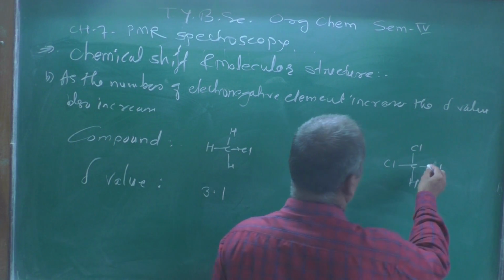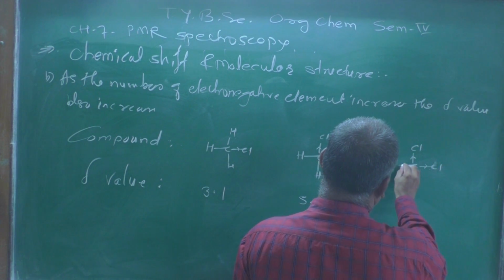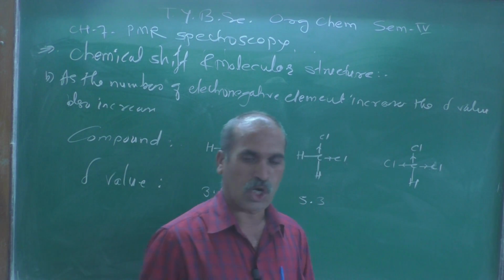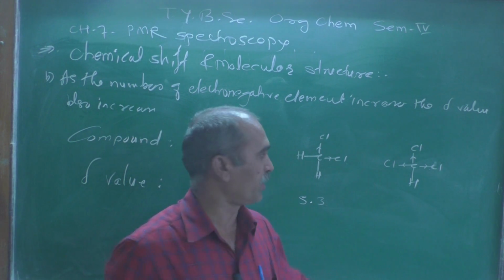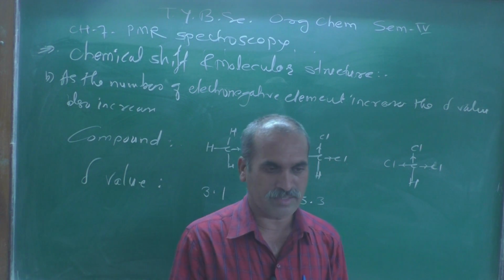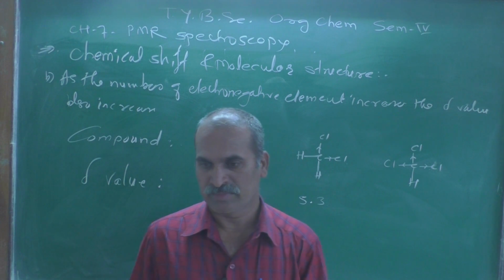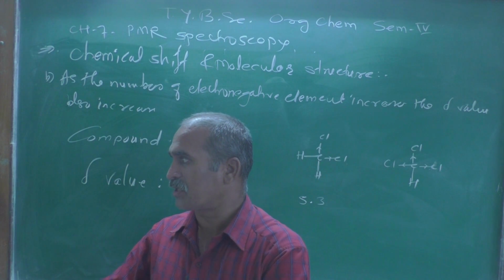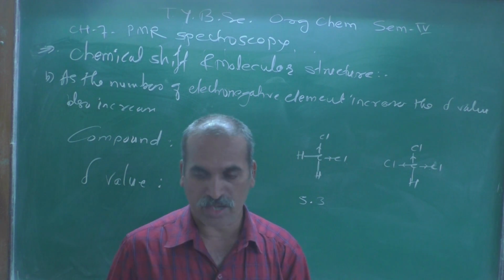Here you can see there are 3 chlorine atoms. All these 3 chlorine atoms are more electronegative than that carbon atom. Hence, they pull the electron density from that carbon atom and the attached hydrogen atom.